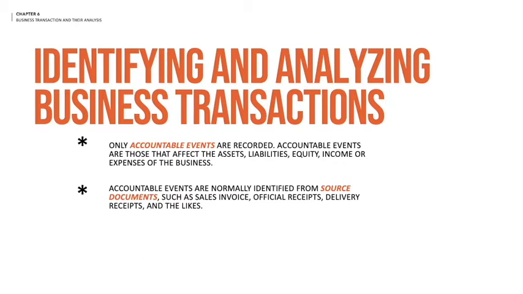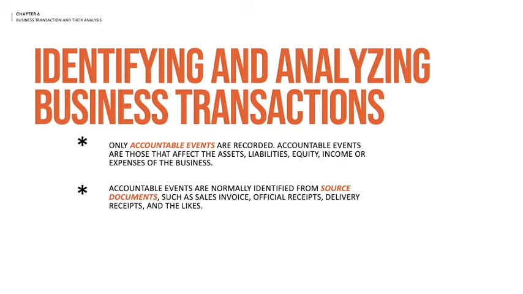So in our first step, what we do is we have the business transactions that we gather. We identify that and analyze if that affects our accounts of assets, liabilities, capital, revenue, or expense.